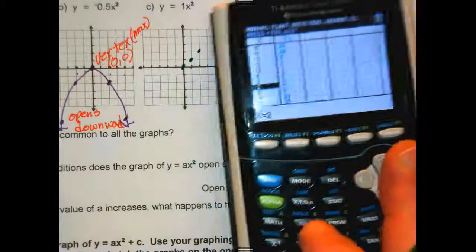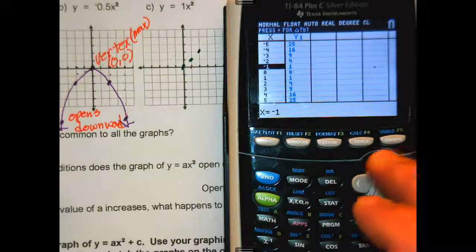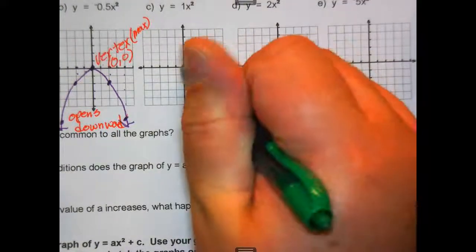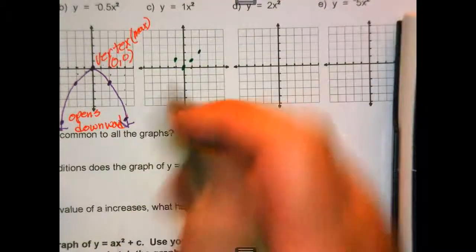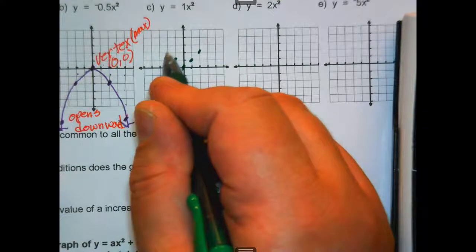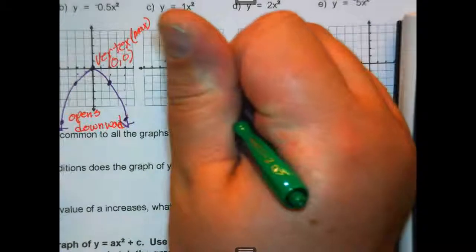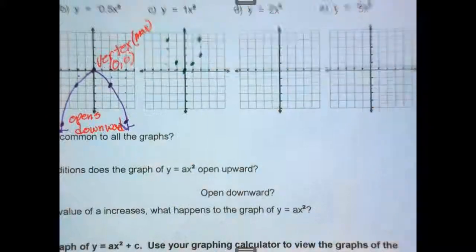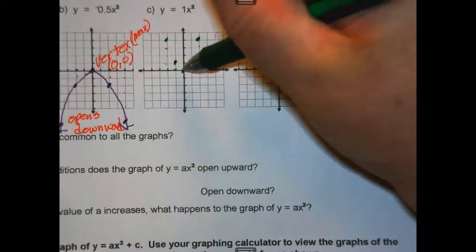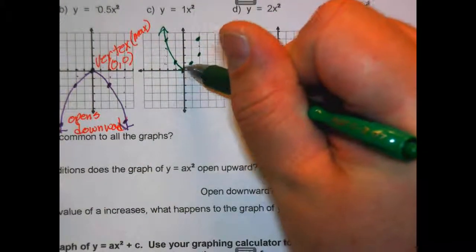I only need 5 points to make my parabola, and a very accurate one. Negative 1, 1, negative 2, 4. 1, 2, 3, 4. Actually, this should be 4. Okay. Here's my left side of my parabola. Right side of my parabola.